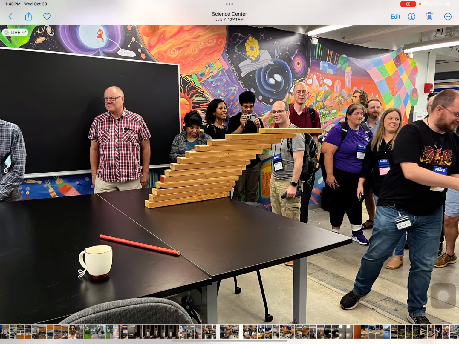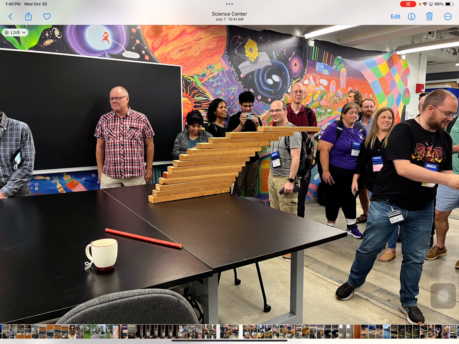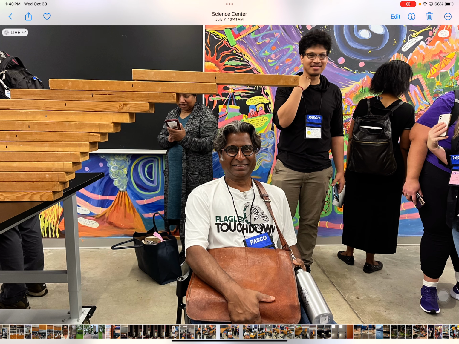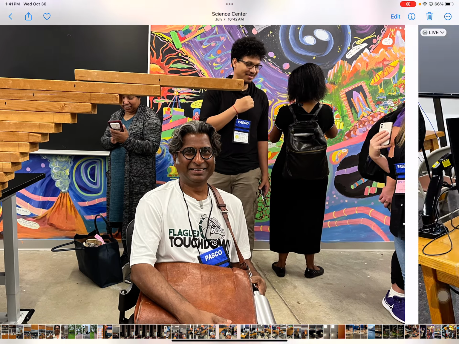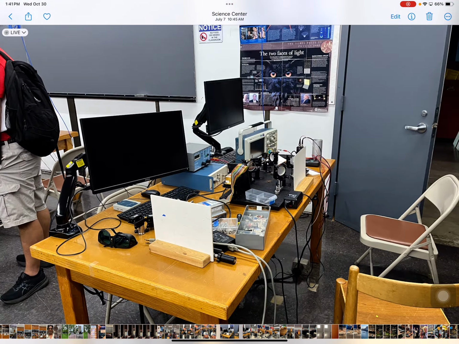So this was at Harvard University, and they were pretty proud of it. See that? All right, so it's hanging out the edge, and look at that. So you can even turn it.